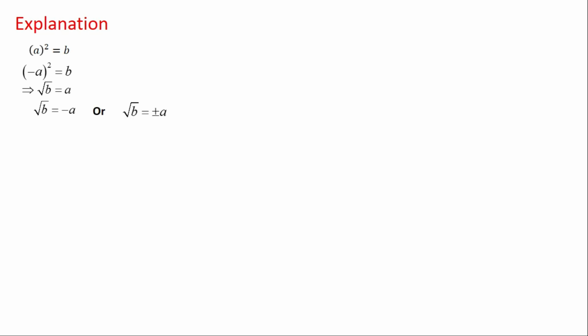Or we can write that square root of b is equal to plus a as well as minus a. Here I introduce you with a term principal square root. The positive value of square root is called principal square root.